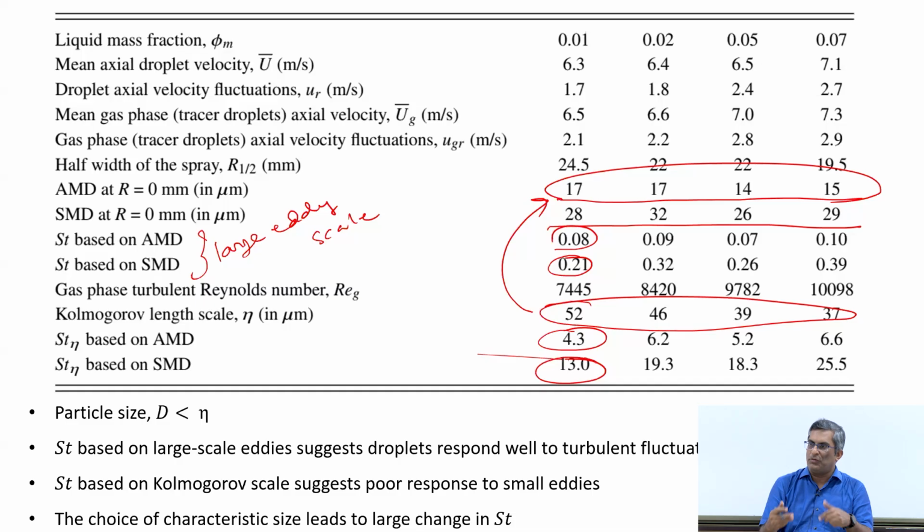If you want to model the same flow, you have to keep this in mind, because the modeling approach will differ significantly based on this factor. So what we see finally is that the particle size is less than the Kolmogorov scale, not negligible but comparable. The particles show very different responses when they interact with large eddies and when they interact with the smallest eddies.